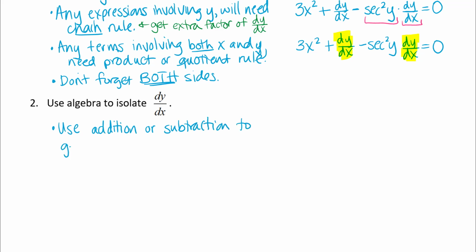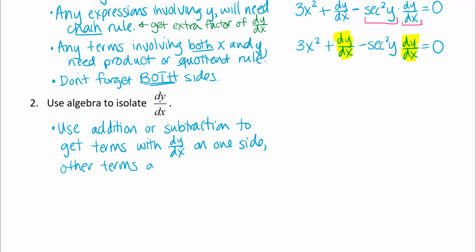Sometimes there's a little algebra to do before this, but use addition or subtraction to get the terms that involve dy dx on one side of the equation, and the terms that do not involve dy dx, the other terms, on the other side.